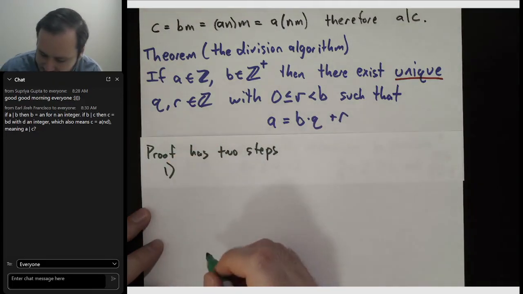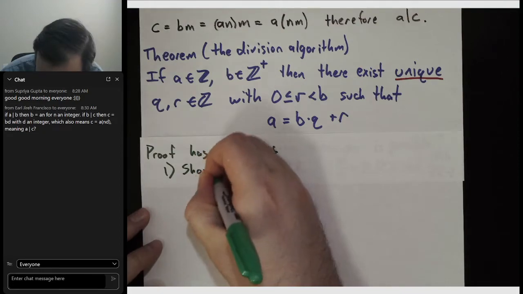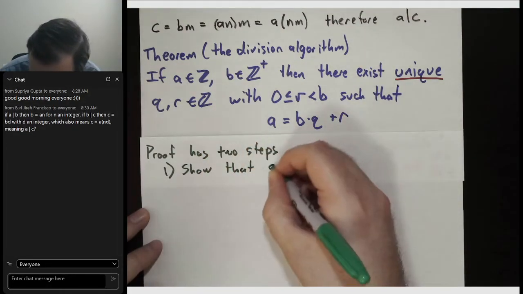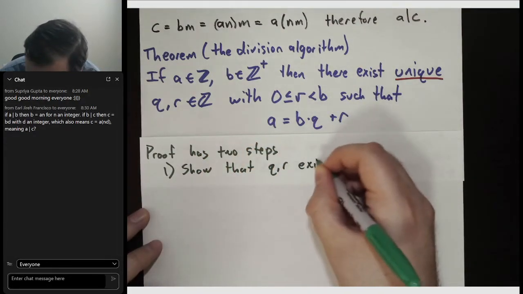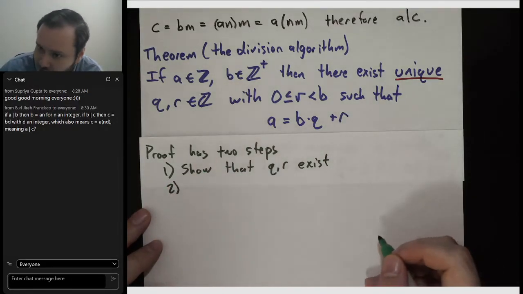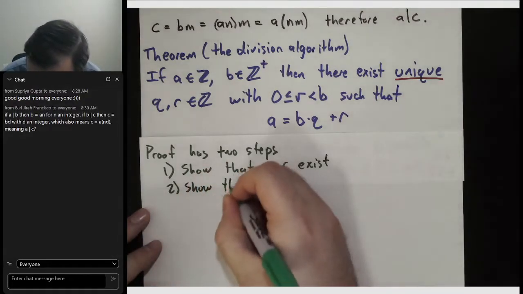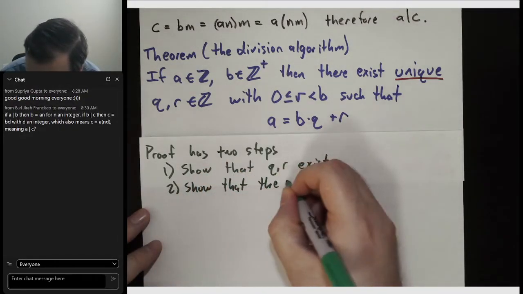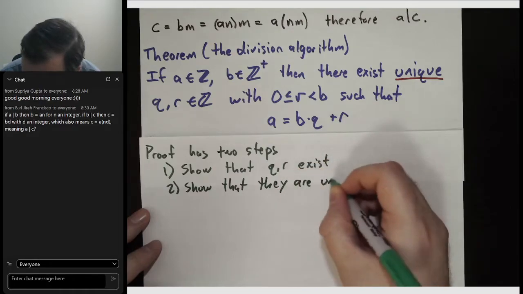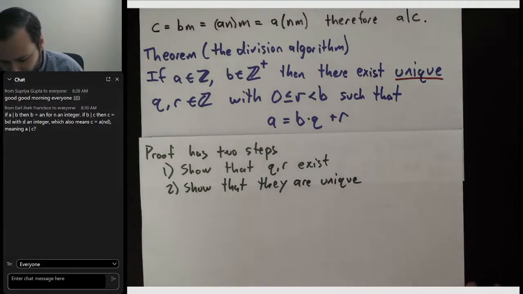Step 1 is to show that Q and R exist. And step 2 is, now we know that they exist, show that they're unique. So we're going to do those in 2 separate steps.